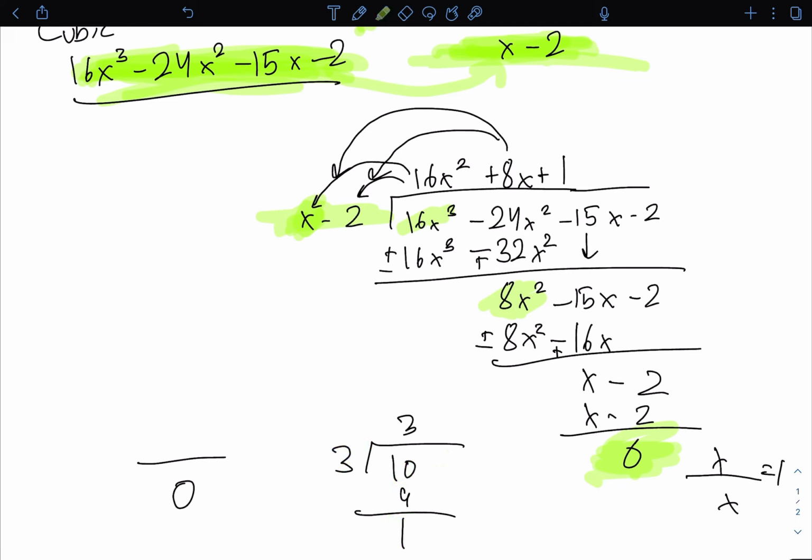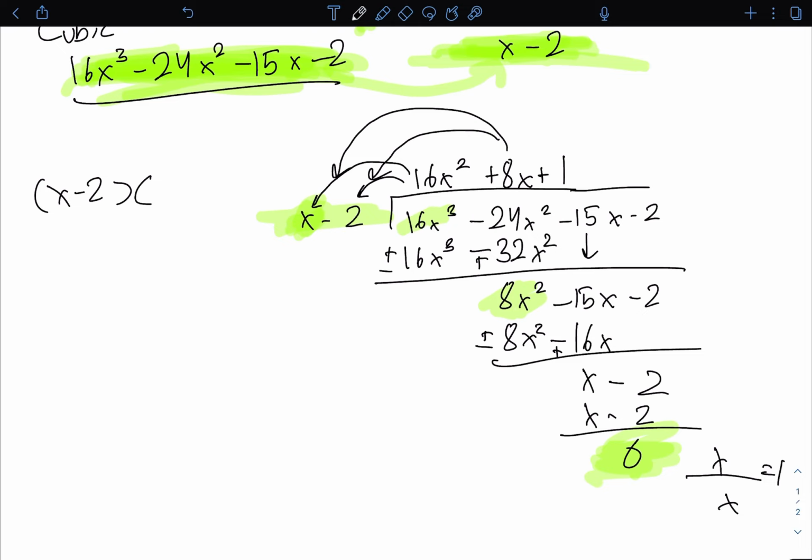Okay, so we can rewrite this. I'm just going to erase this. We can rewrite this entire equation. So when we divide by x minus 2, we can rewrite this as x minus 2 times the quotient, because look, when you multiply this and this together, you get this whole equation.